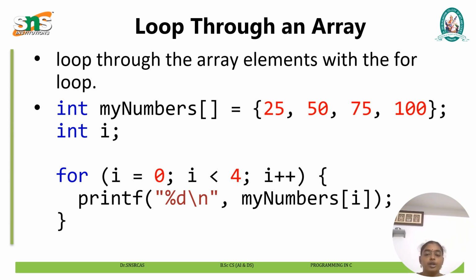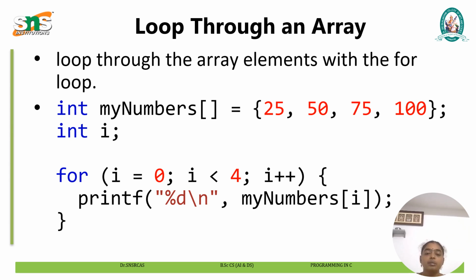When i equals 0, my_numbers[0] refers to the first element, 25. The first output is 25. Increment i by 1 and check the condition: 1 less than 4 is true. Now my_numbers[1] displays 50, the second element.